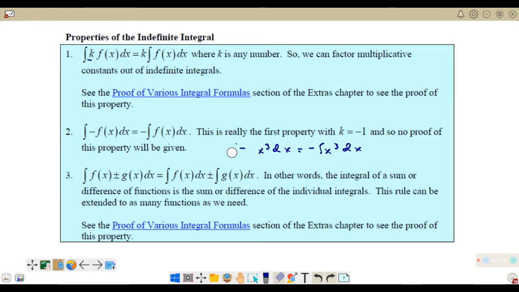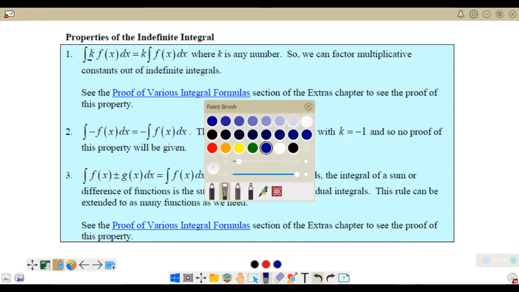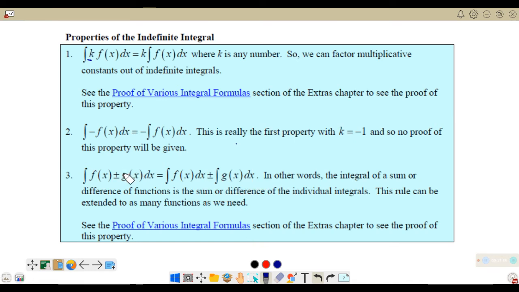Ay, nabubura. Move tayo dito sa susunod. Kung meron kang series of terms inside your integral, pwede mo siyang hati-hatiin. Yung kaninang ginawa natin dito, inilabas lang natin yung common factor sa kanya, di ba? So, meron pang isa. Pwede naman na kung wala silang common factor, i-integrate mo sila by term. Pwede rin yun.